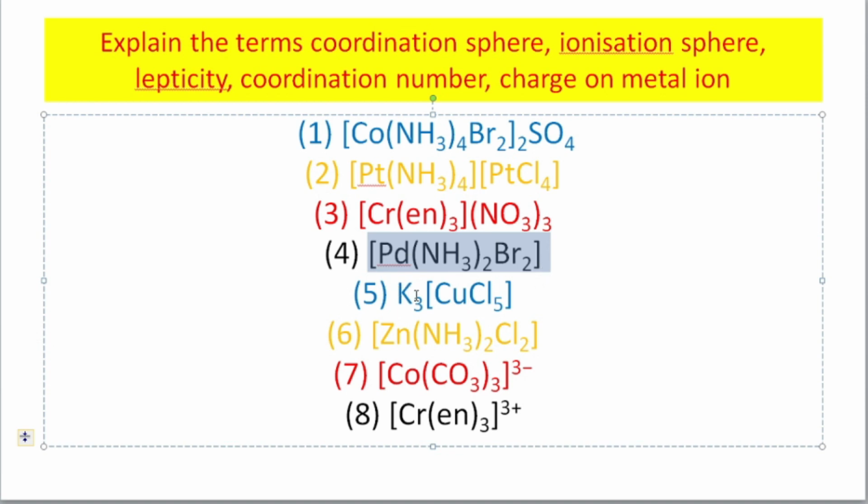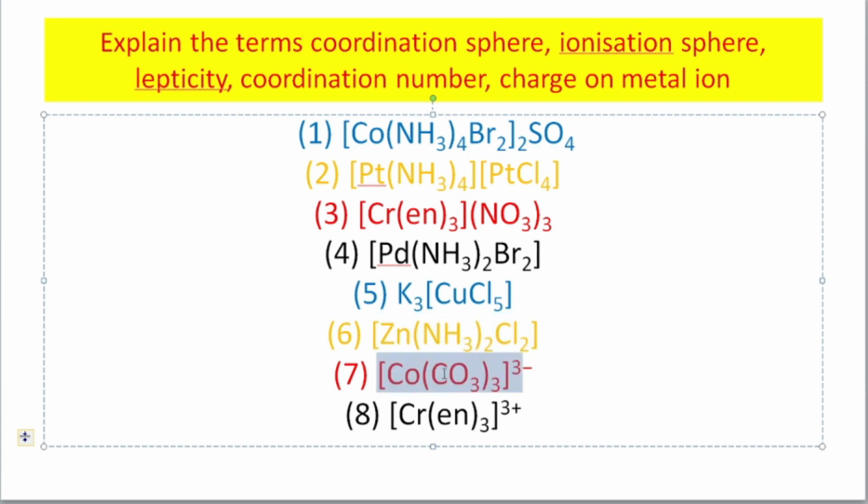See the fifth complex, out of this square bracket, who is there? Only potassium is there. 3 potassiums are there. So these 3 potassiums, let the charge on them be positive, but they remain in ionization sphere. In the sixth complex, nothing is there outside the square bracket. So nobody in the ionization sphere.